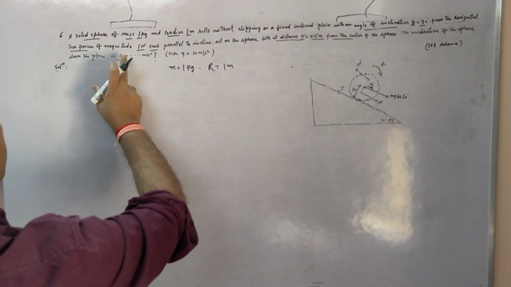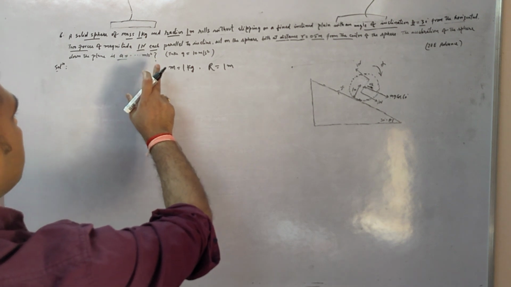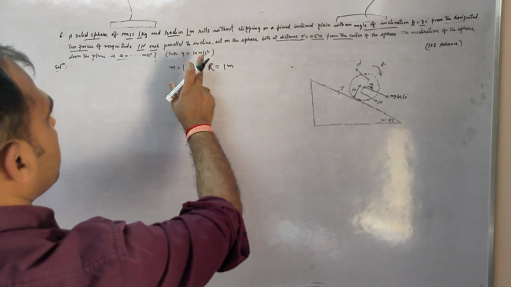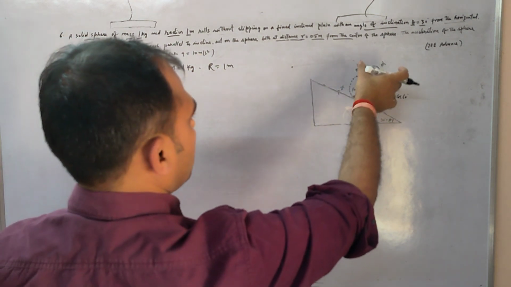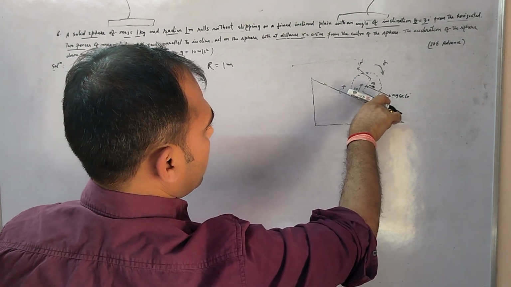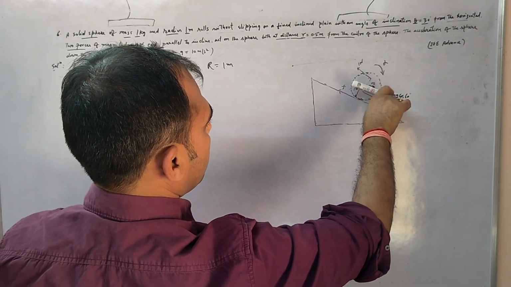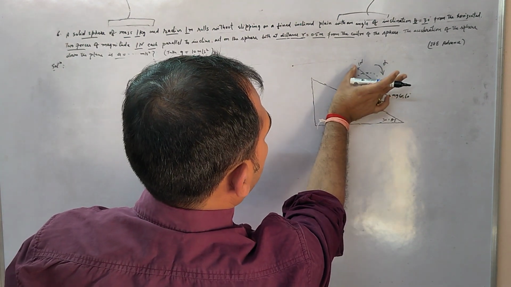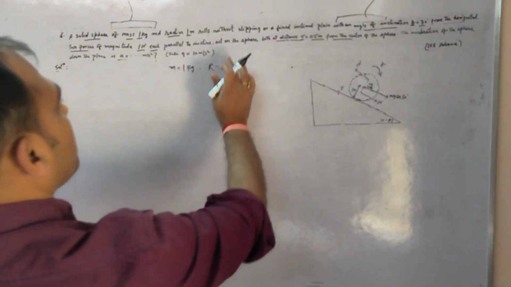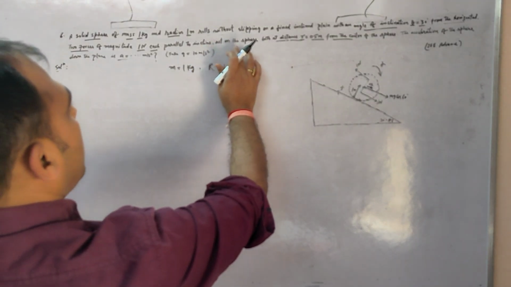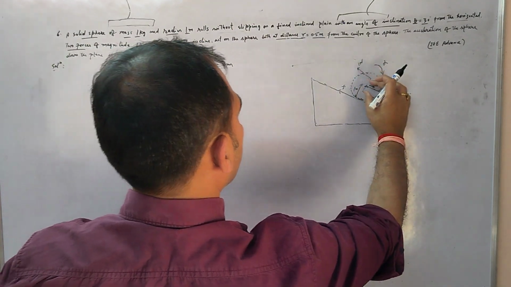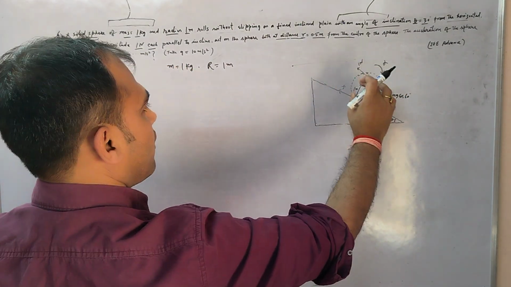Two forces of magnitude 1 Newton each, parallel to the incline. These are two forces: 1 Newton parallel to the incline downside and 1 Newton parallel to the incline upside. They act on the sphere, both at a distance r equal to 0.5 meter from the center.